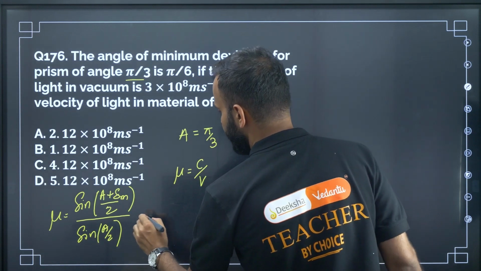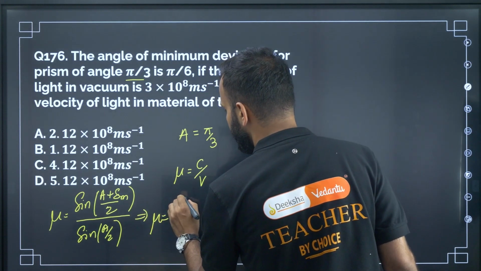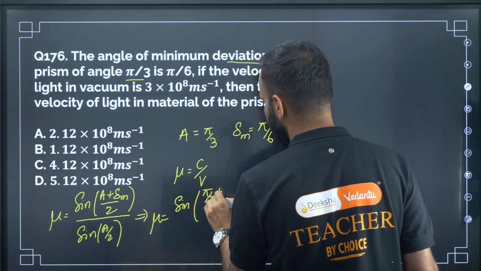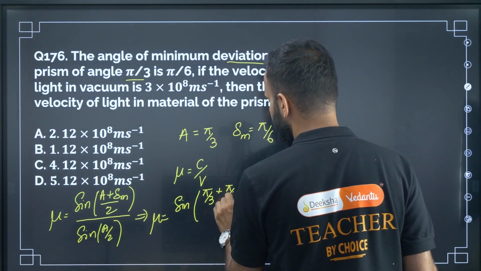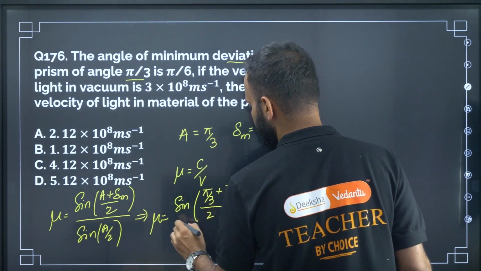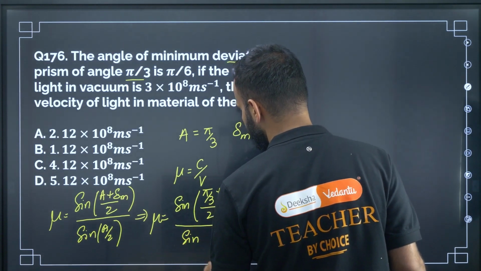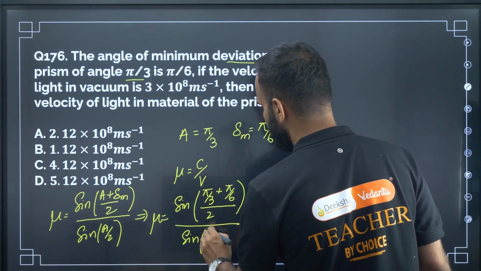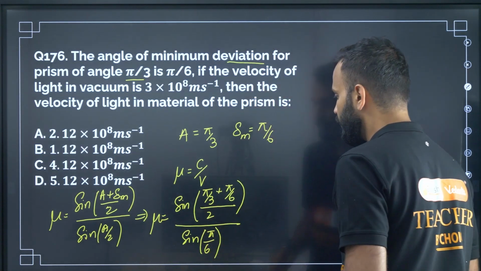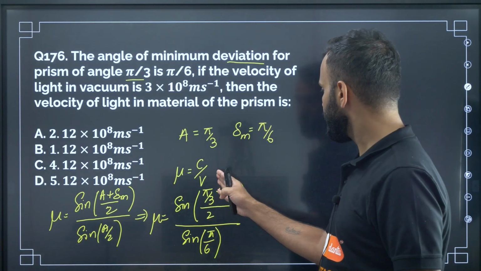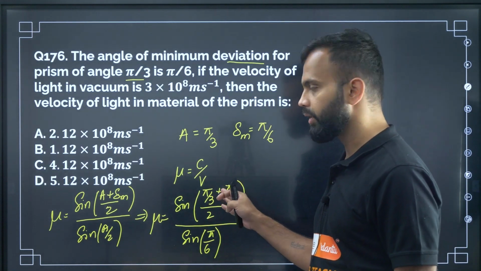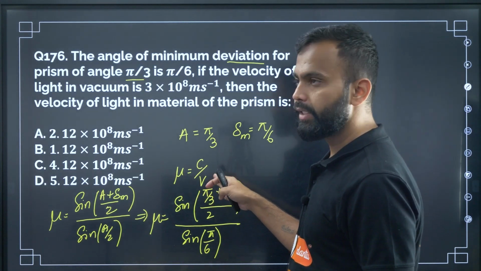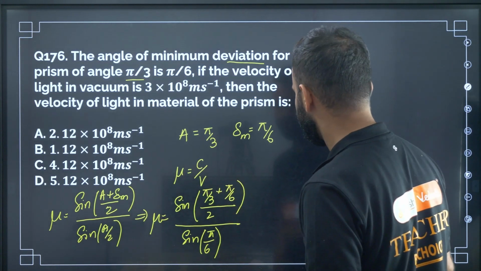Mu equal to sine of pi by 3 plus pi by 6 whole divided by 2, divided by sine of A by 2, that is pi by 6. So what is pi by 3 plus pi by 6? Take pi by 3 as common. So this will be 1 plus 1 by 2. 1 plus 1 by 2 is 3 by 2. So 3 by 2 into pi by 3, whole divided by 2, that is pi by 4, right?